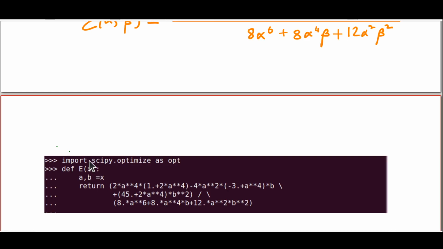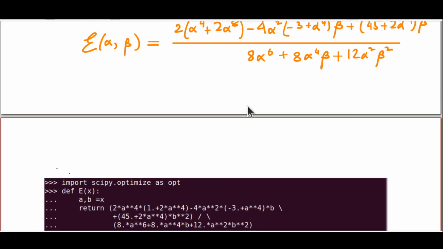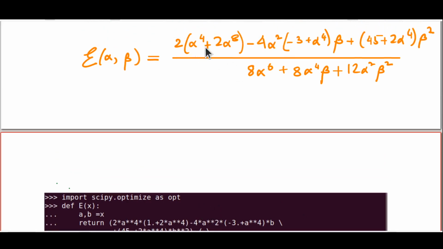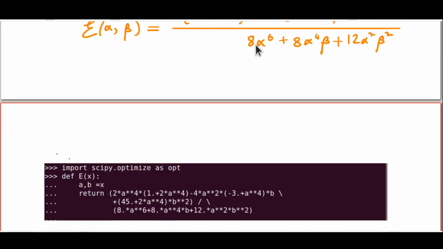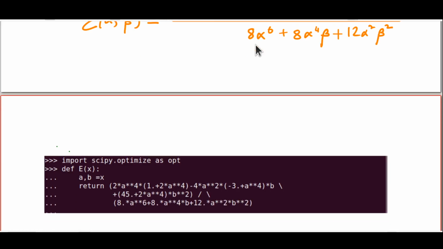We're just calling them A and B. So what we are doing here is that the function takes X as an argument, splits it up, technically unpacks it into two variables A and B, and then returns the value of this function which has been calculated. This is exactly the function which is sitting up here. Twice alpha to the 4 plus 4 times alpha to the 8 and so on. So once you have this function defined, you're ready to go.